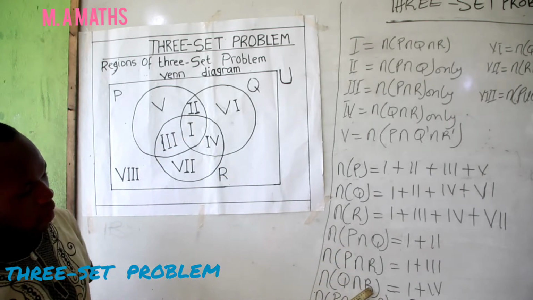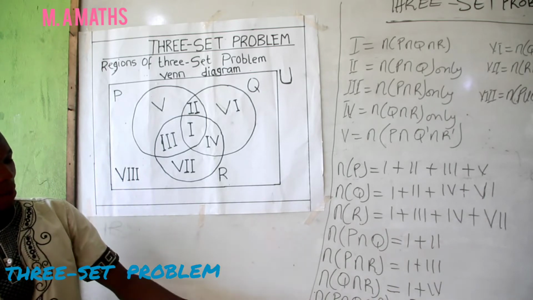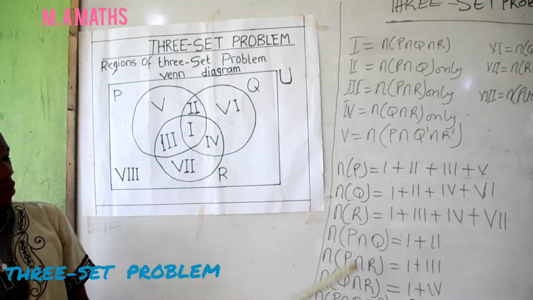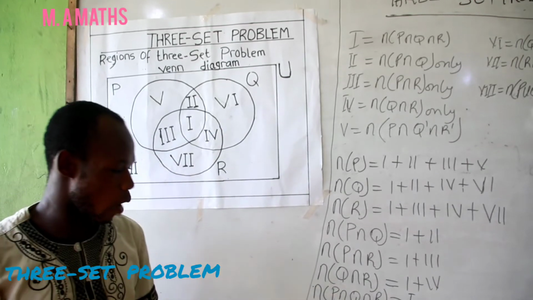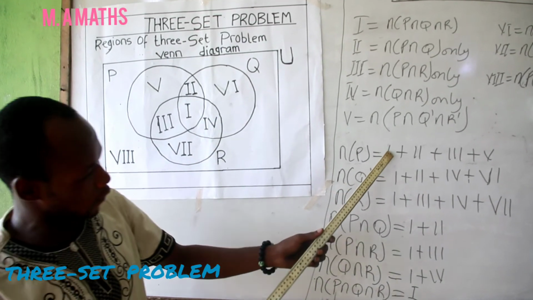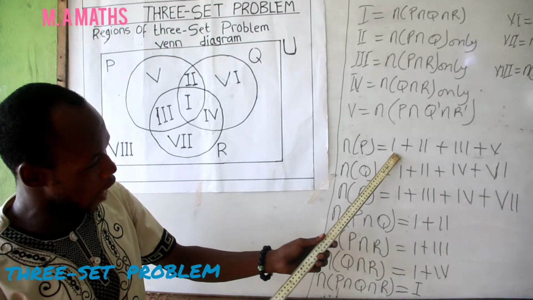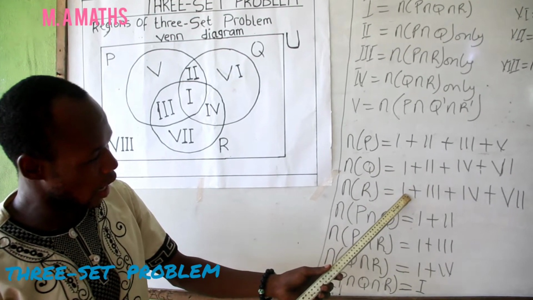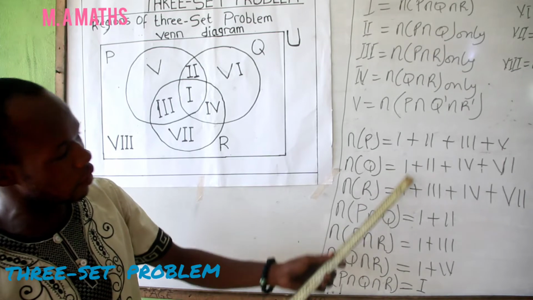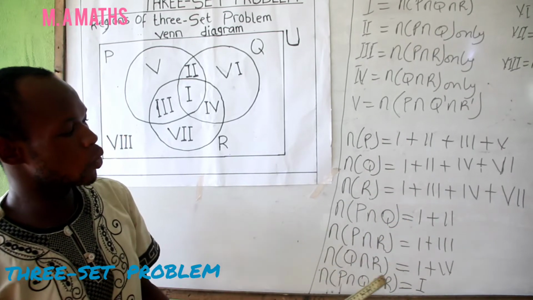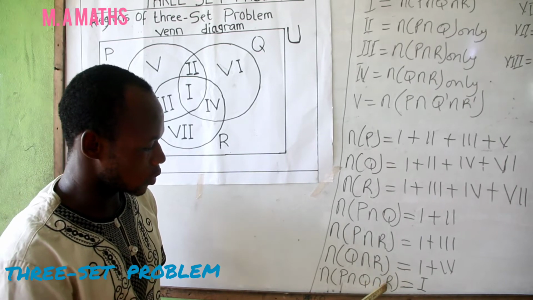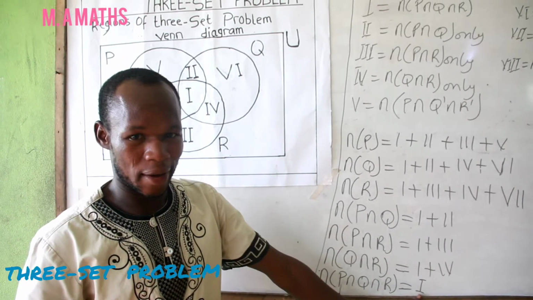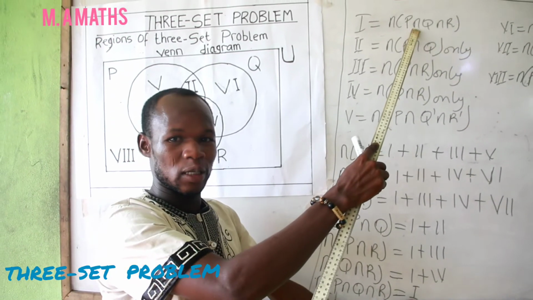Q intersection R means the element is in Q and at the same time in R. And region 1 runs through all three of them, so P intersection Q intersection R is region 1.